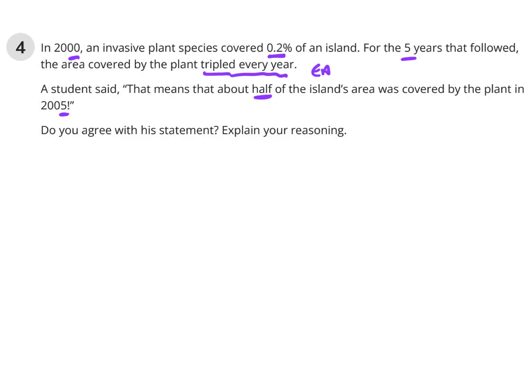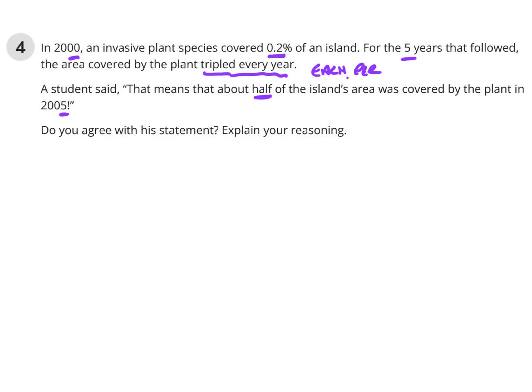Every, each, and per are rate words. So in linear functions, they go next to the x. In exponential functions, they go next to the b. So since time is our variable, that must be the x.